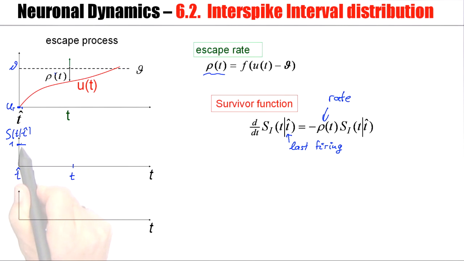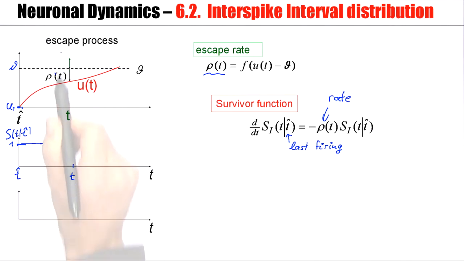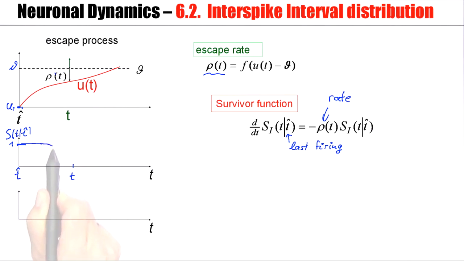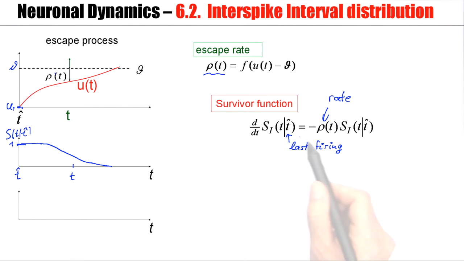So as u of t approaches the threshold, there's an escape rate, and therefore the probability to survive will go down. So this is the probability of surviving. Now we can integrate this equation.